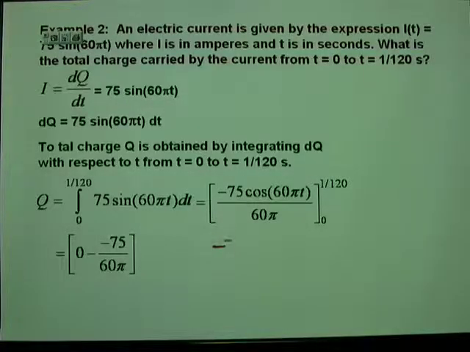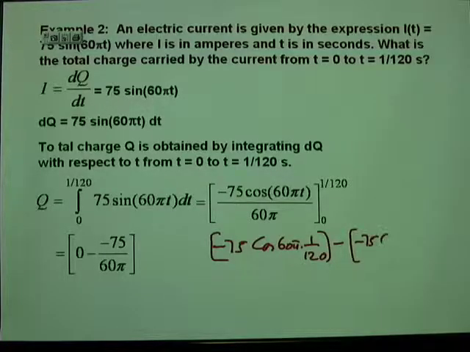That will be negative 75 cos 60 pi times 1 over 120, minus negative 75 cos 60 pi times 0, all over 60 pi.